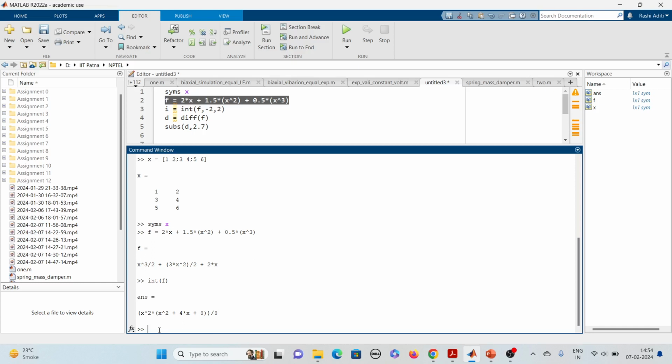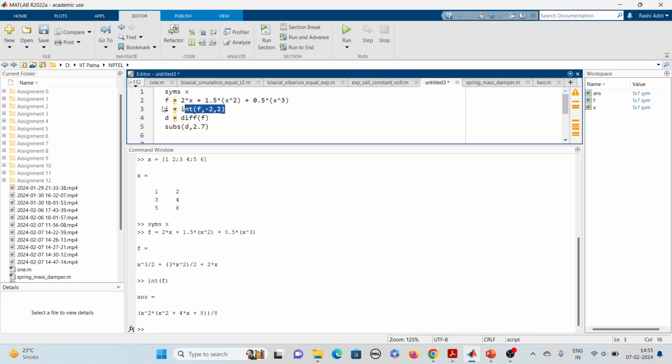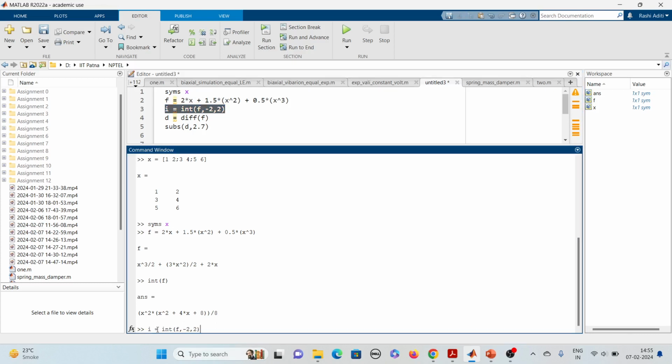After that, now if I want to find the definite integral, like if I want to find the integration of f from -2 to 2, then what do I have to do? It can be written like this, like the third line of the code, wherein we first specify I as the variable, which is going to store the integration value.